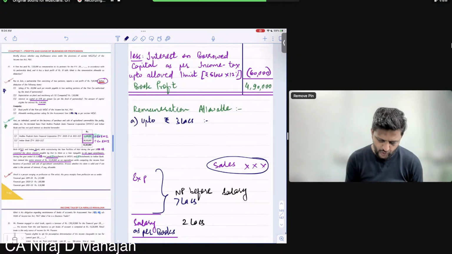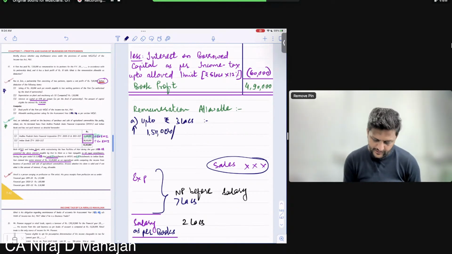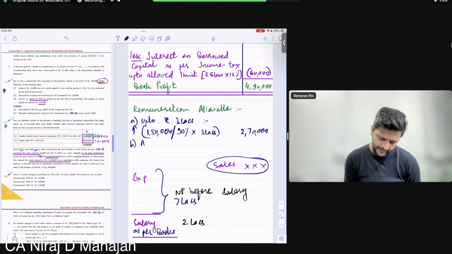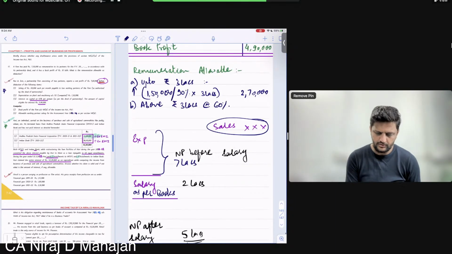But just for the sake of showing, just show that higher of 150 or 90% of 3 lakhs. So 2 lakh 70 of first part. And whatever is above 3 lakhs, at what rate, bachcho? 60% allowed if you had looked into the law.